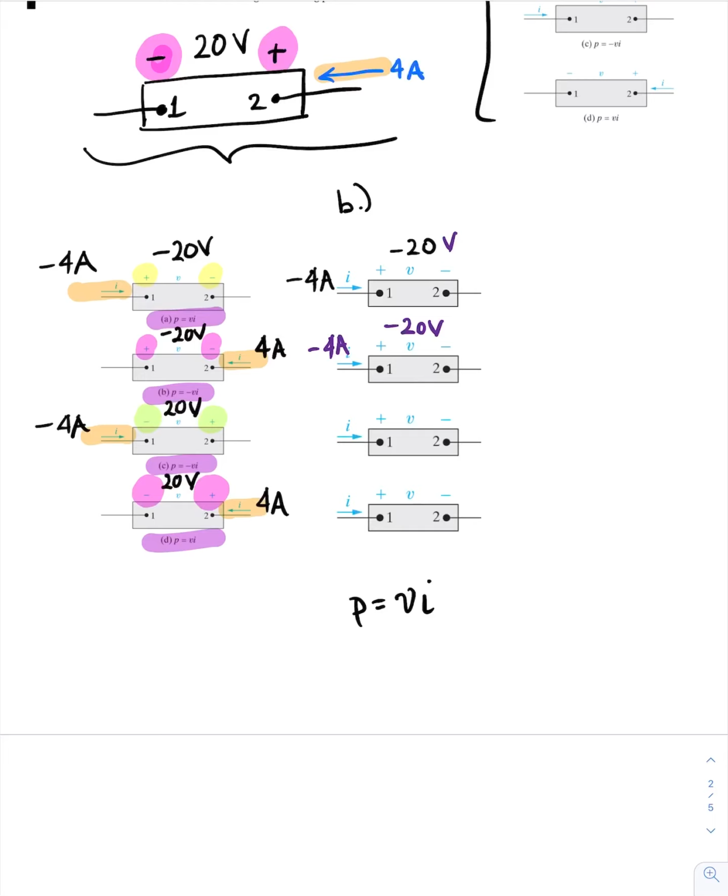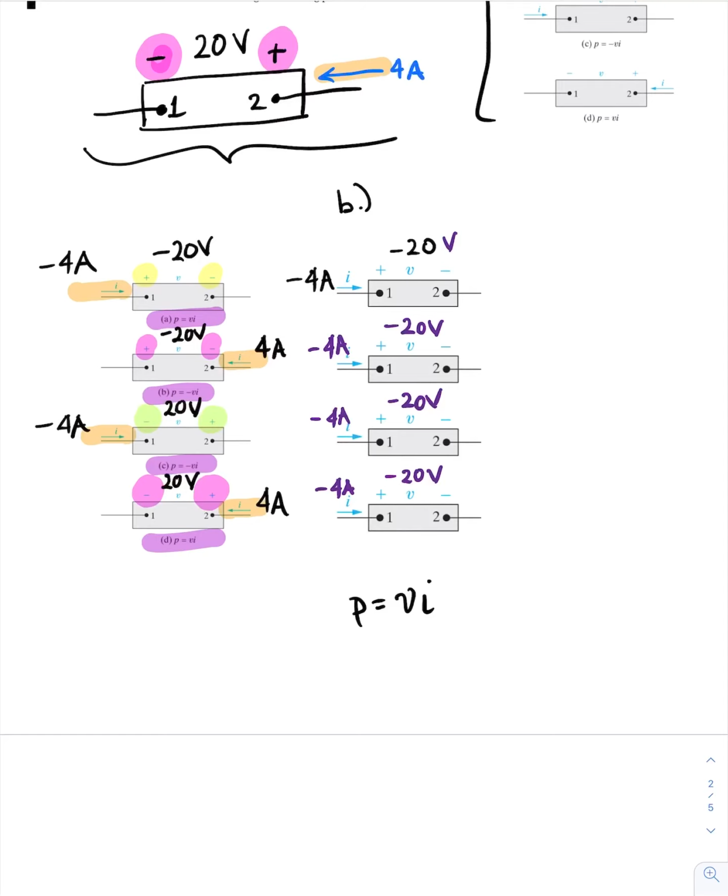In circuit element C, the direction of the current is minus 4 amps, and the polarity of the voltage is opposite, so we will change the sign. And in circuit D, the direction of the current is opposite, so we will change the sign, and the polarity of the voltage is opposite, so we will change the voltage.